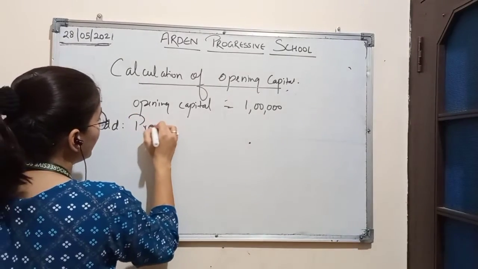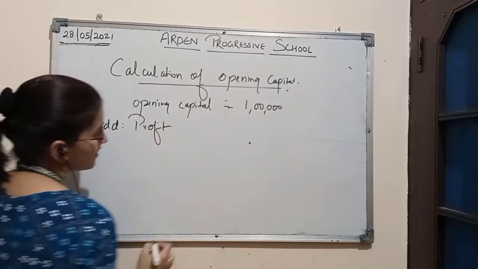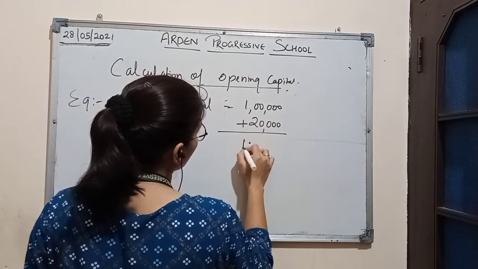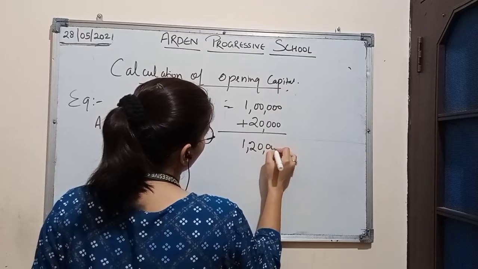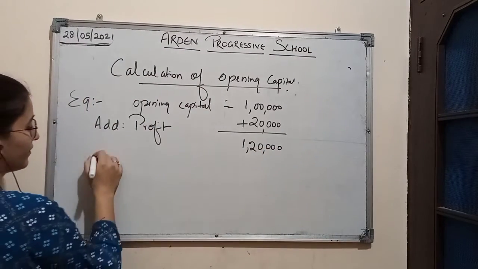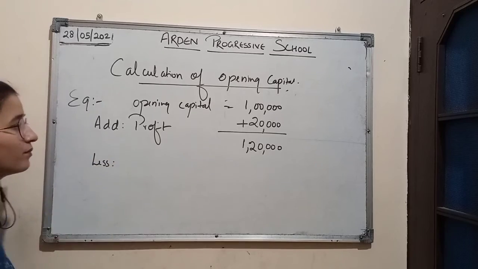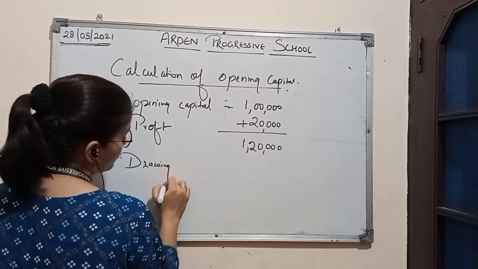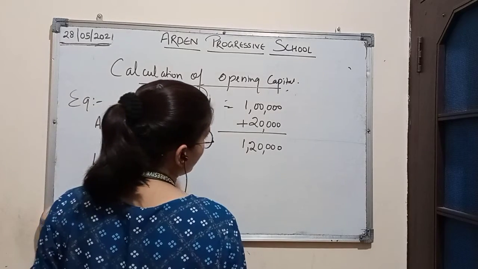We will add profit here. Let's suppose the profit is rupees 20,000. Now total amount is 1,20,000. Then if drawings is given in the question, we subtract the drawing from the capital.